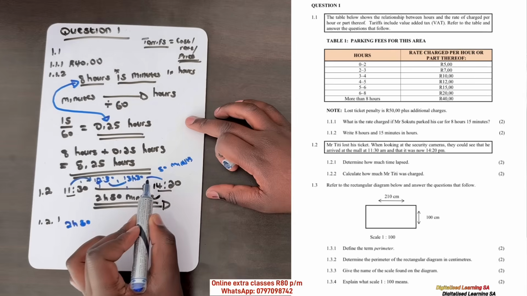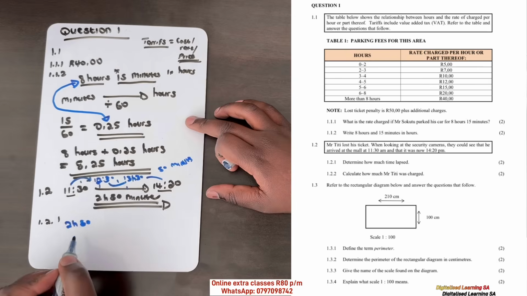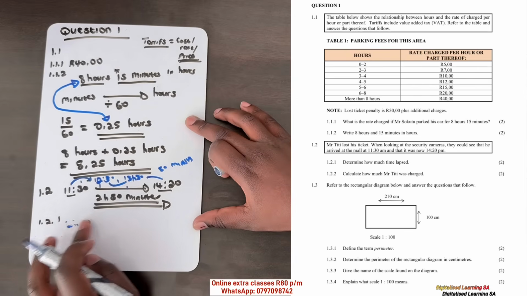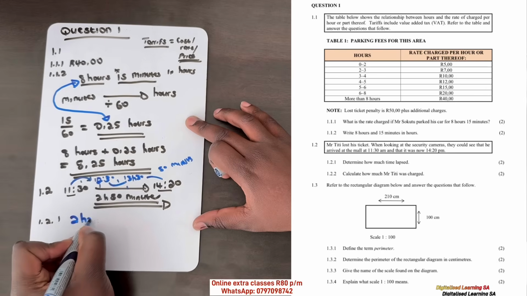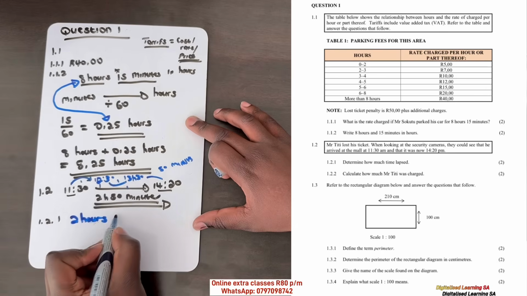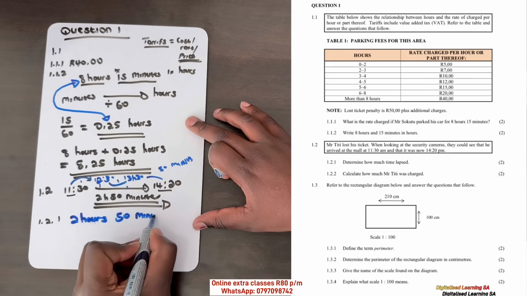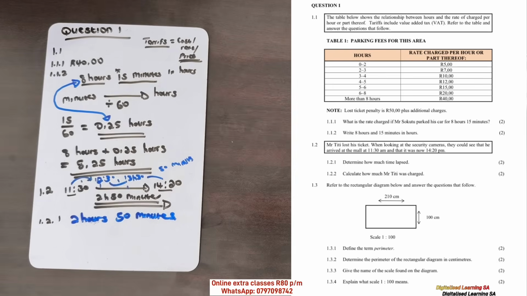So when we add everything, it will be 2 hours plus 50 minutes, meaning that it will be 2 hours and 50 minutes, and that will be our answer.